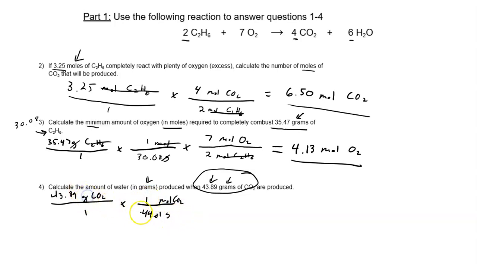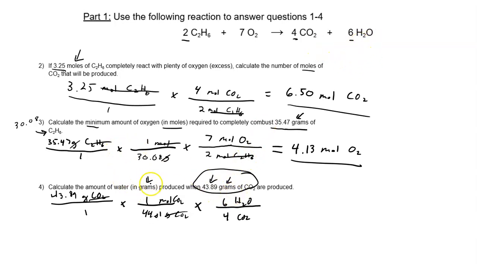So that cancels out. Grams gets me to moles. Now I know I need my mole ratio here. 4 CO2 produces 6 H2Os. So when I have this combustion reaction, if there are 4 moles of CO2, I get 6 moles of water.